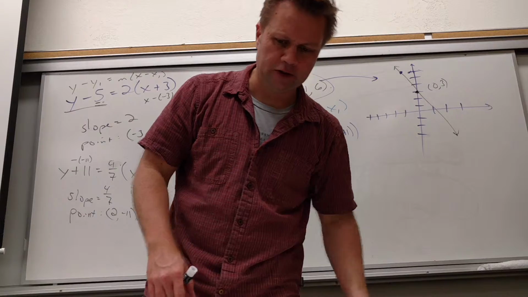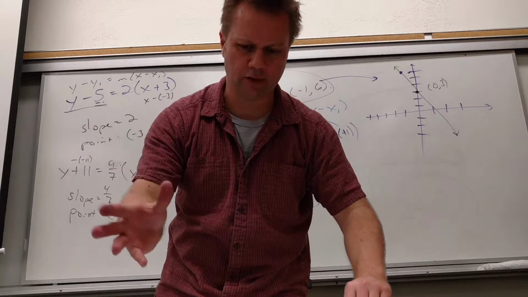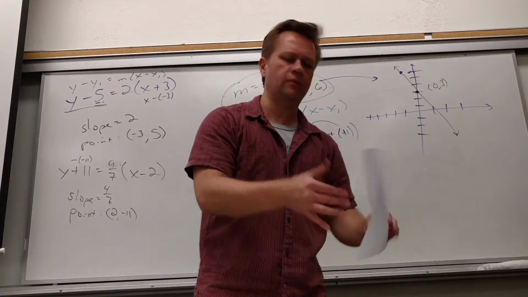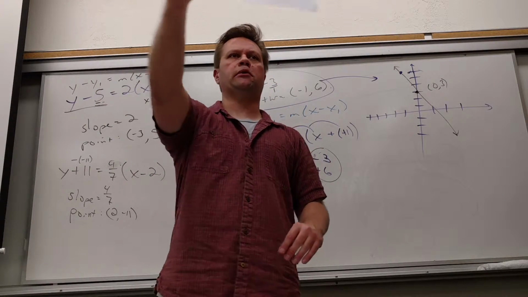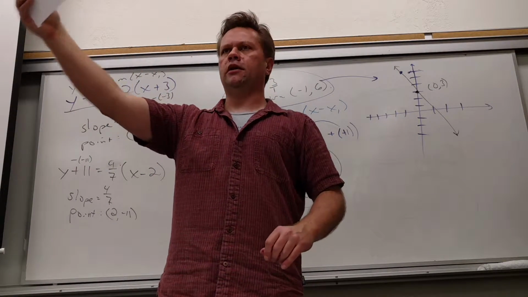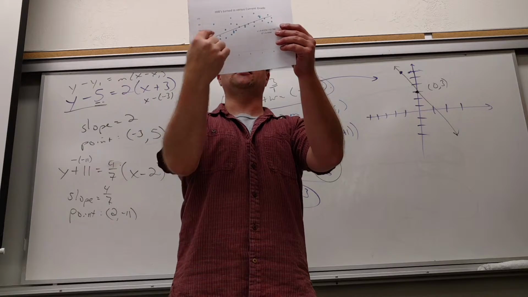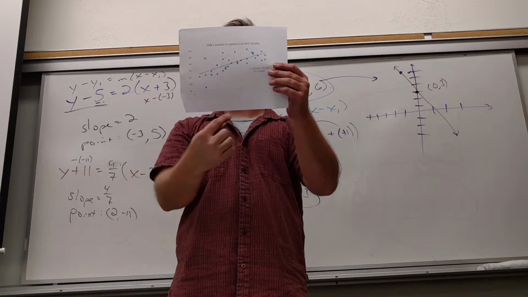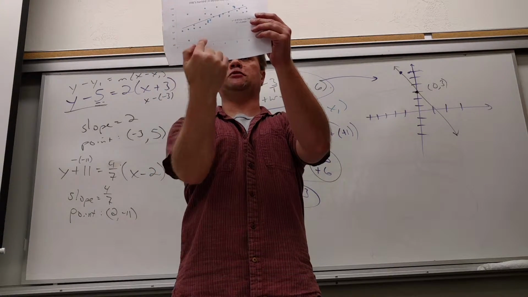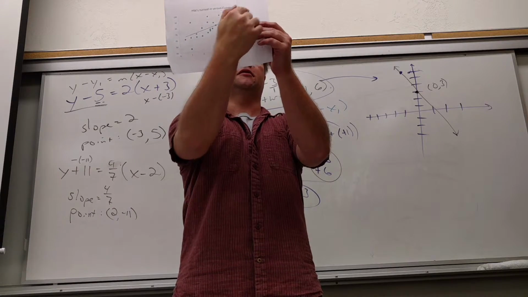Just a little preview of what's coming. We're basically done with section 3.6. But do you guys remember, I'm not going to put it up here because I don't want to take time, I showed you that with the measles? Some of you maybe weren't here that day. But this is basically people's grades versus how much homework they've done. And you'll notice as people did more homework, their grade went up.